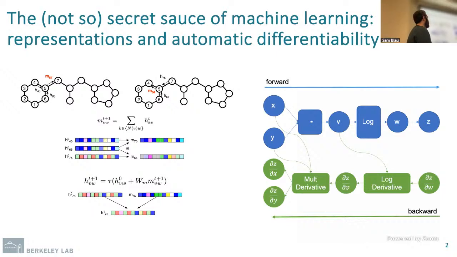The other side of the coin is the importance of automatic differentiability, which is essential for training our neural networks, but also is a key benefit of a trained model. It's not just a faster surrogate model, but it's a faster differentiable surrogate model, which gives you access to techniques that you wouldn't otherwise have. So these are the importance of representations and differentiability, and the overarching themes of the talk.